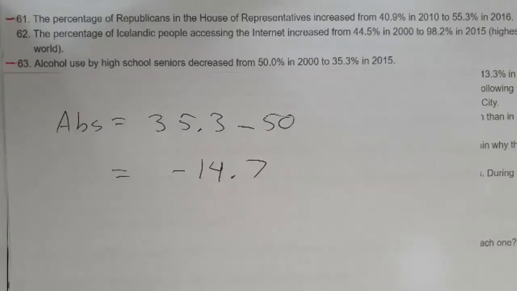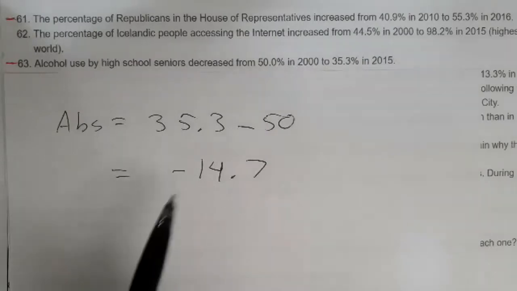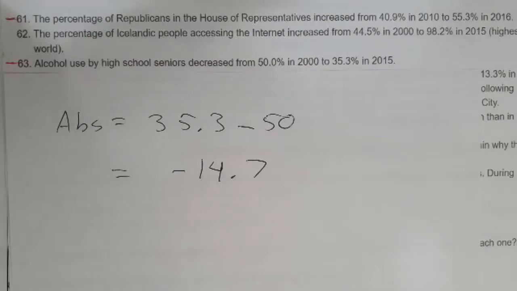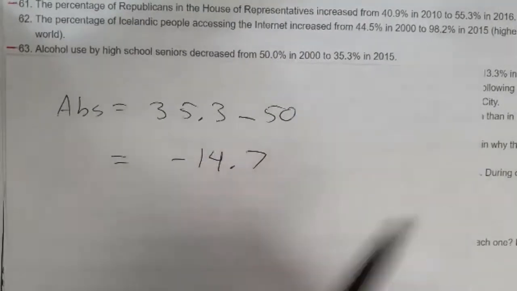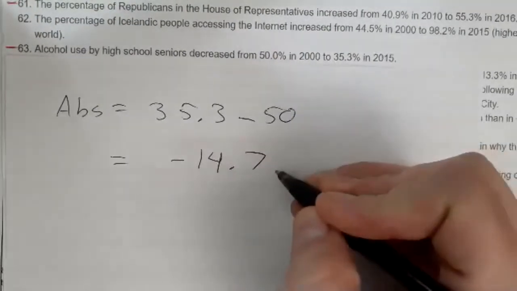When we're writing these out, if we're already saying it decreased by this many points, we don't need to put the negative in front of it anymore, right? This negative just represents that there's a decrease. If you're using the word decrease, then that's sufficient to represent that it's going down. So if you said this decreased by 14.7, what's the word you would use?